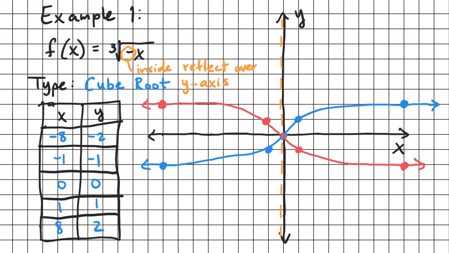This would be the reflection. And again, the blue graph is the parent function, and the red one is the transformation one, but it's the one that's been reflected.